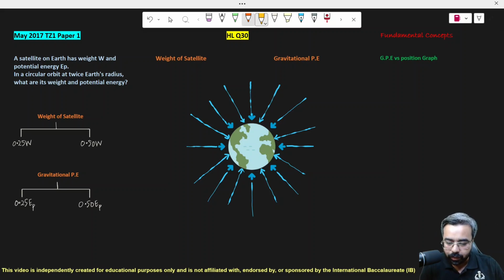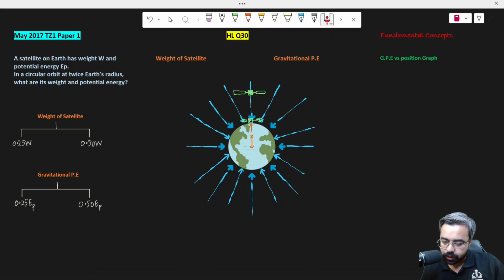So right now, this is the radius of the Earth, and the satellite was initially at the surface, where we have taken it to that point where its distance is 2R. So dear students, this is the new position of the satellite, and just for reference, I'm going to show you the orbit of the satellite at that point, and this is the orbit.